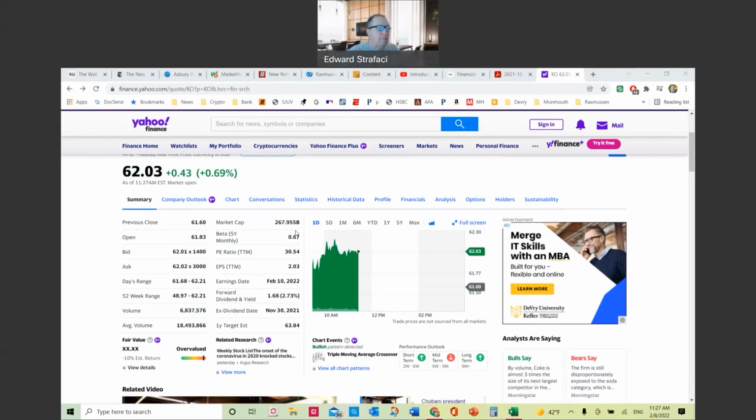Think of the stock market as a voting mechanism, where everyone's voting with their dollars, and it tells us that there's less variance because investors are not buying it more than the market when the market goes up. They're not selling it more than the market when it goes down, because they figure people are still going to drink some Coca-Cola. This is a great example of how to read a balance sheet and tie it into the market.